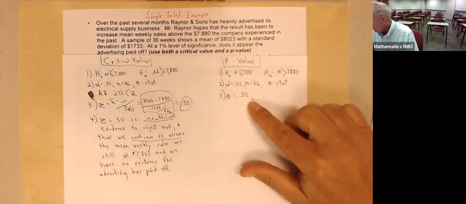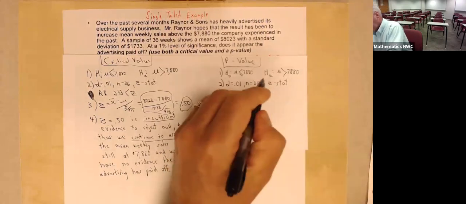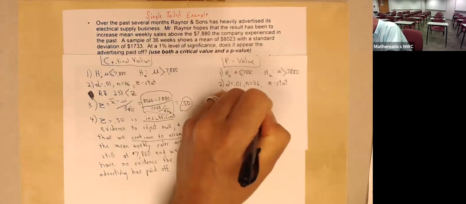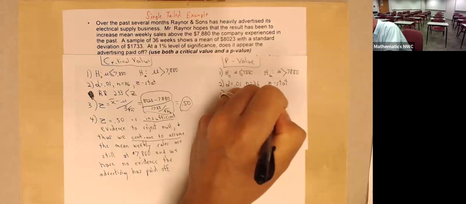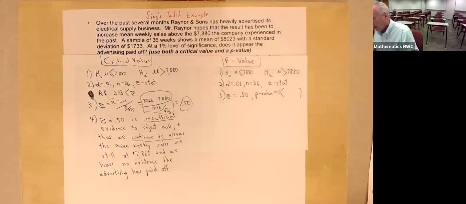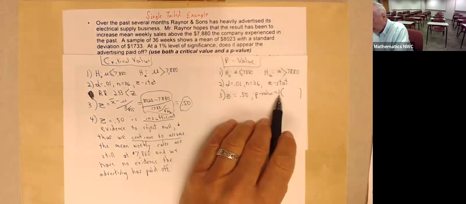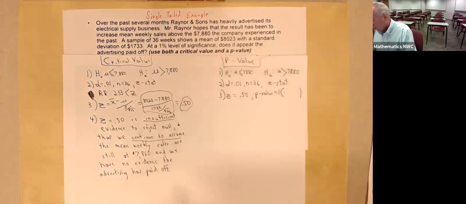Notice this time, it's really 1 times that amount. Because it's a single-tailed test, I don't have 2 here like I did last time. It's a single tail, so it's 1 times that 1 tail.